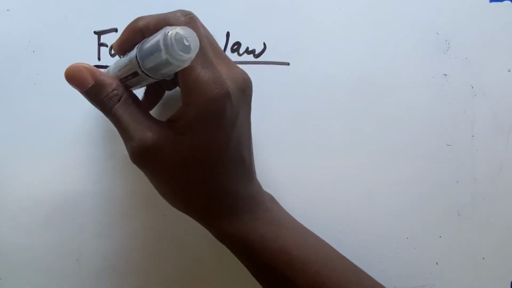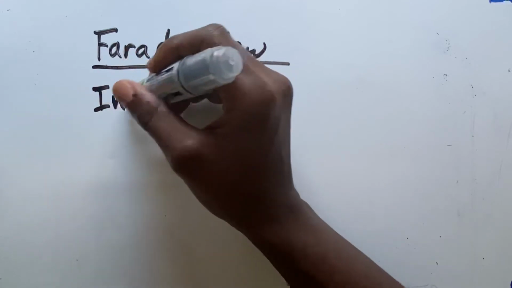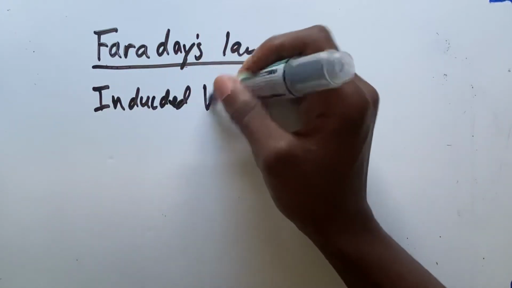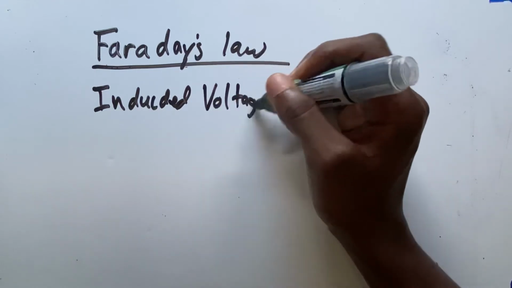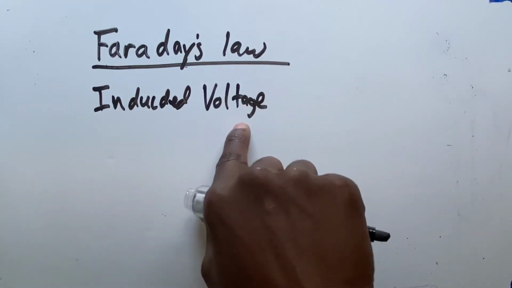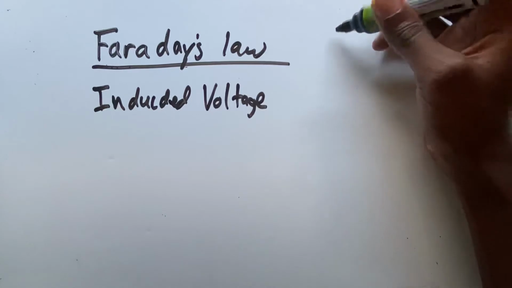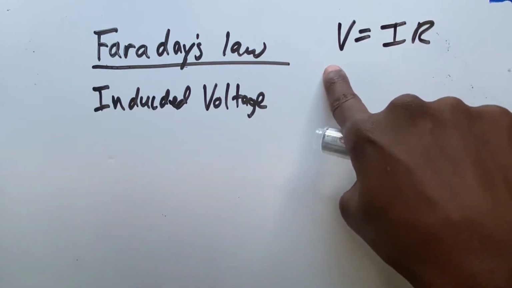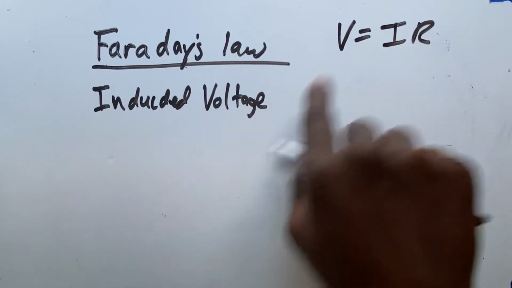And so it says an induced voltage, where basically this voltage is kind of like the current, right? Because voltage equals I times R. So this voltage basically is making that current. So this is Ohm's law.